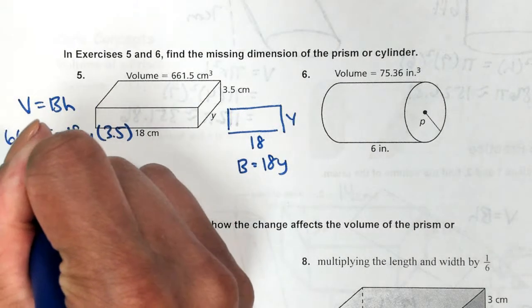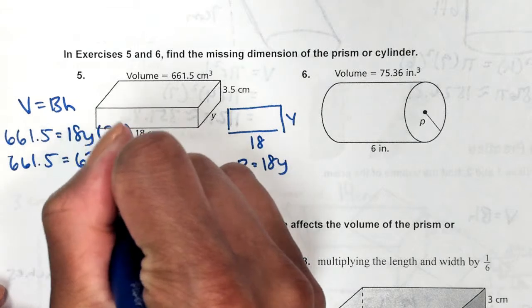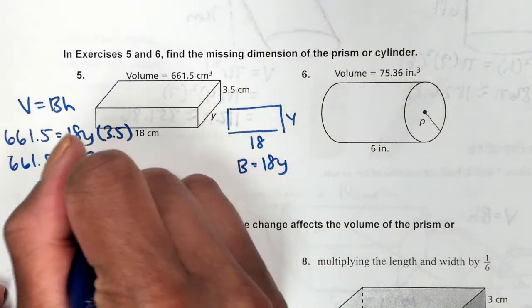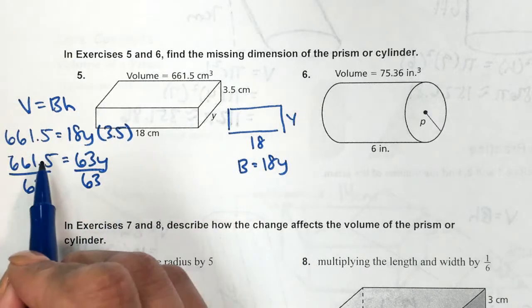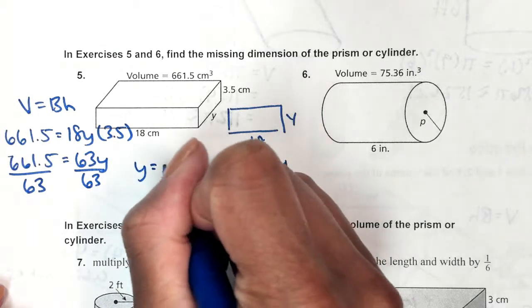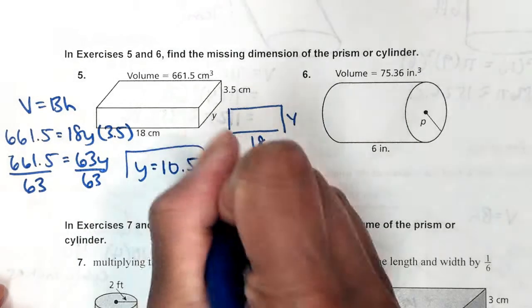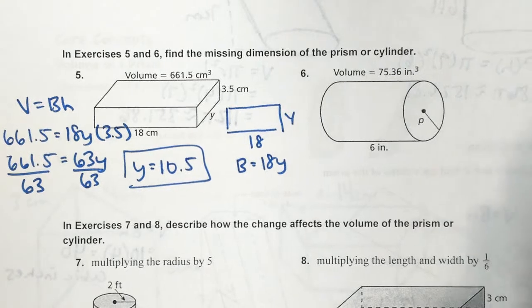So 661.5 is equal to 63y. And now if I want to solve for y, I'm going to divide by 63. And if I do 661.5 divided by 63, that means the length would be 10.5. Okay, so that's finding a missing dimension for a prism. Now we're going to do the same thing for a cylinder.